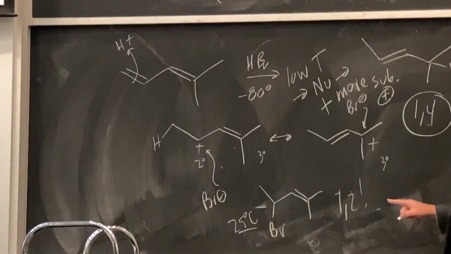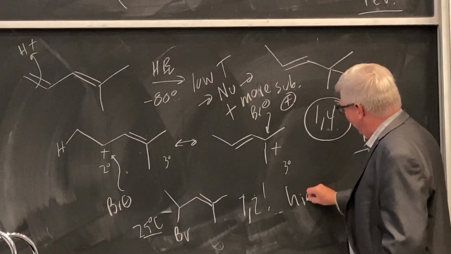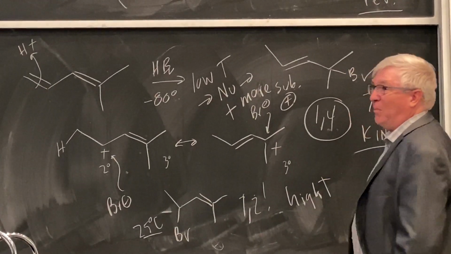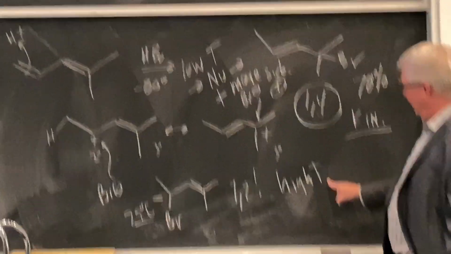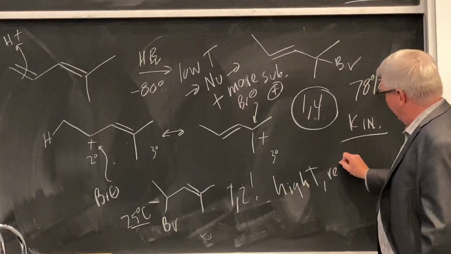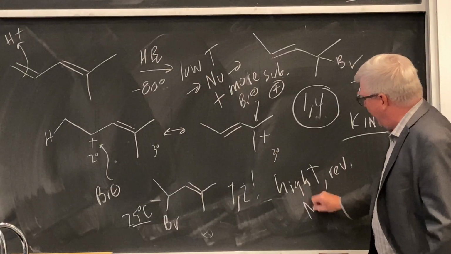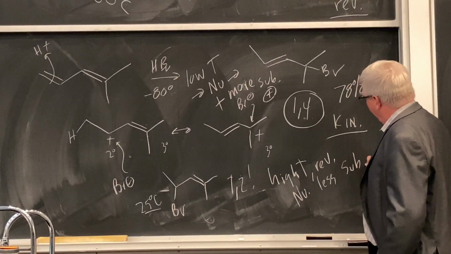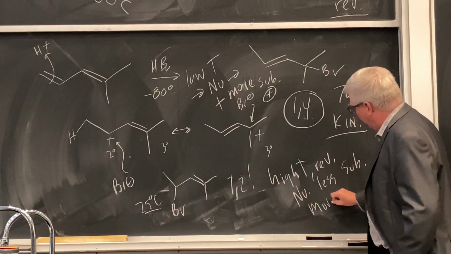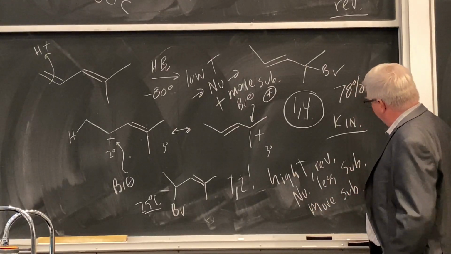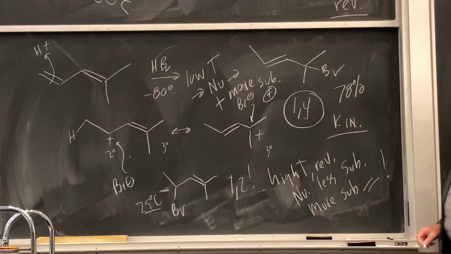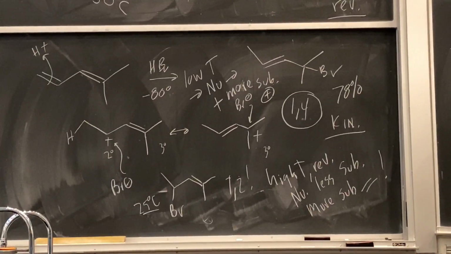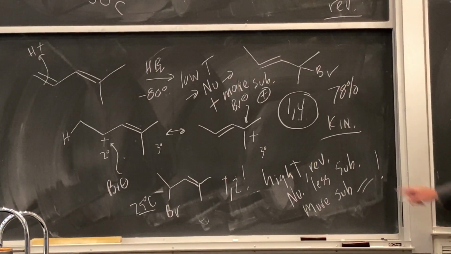So what's our better summary of this reaction at high temperature? High temperature is reversible, okay? And the nucleophile goes to the less substituted, and we always form the more substituted alkene. That's a better summary of this comparison between these 2 reactions.